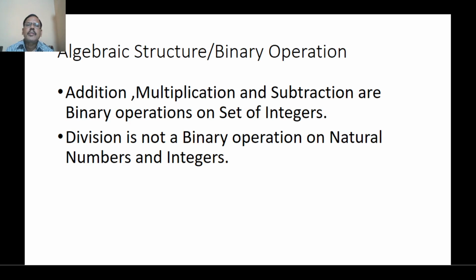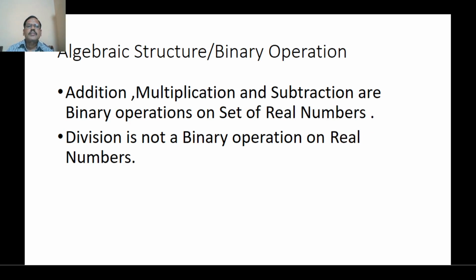Division is not a binary operation on natural numbers or integers. If you take 2 divided by 3, it is neither an integer nor a natural number, and therefore division is not a binary operation on the set of natural numbers or integers.